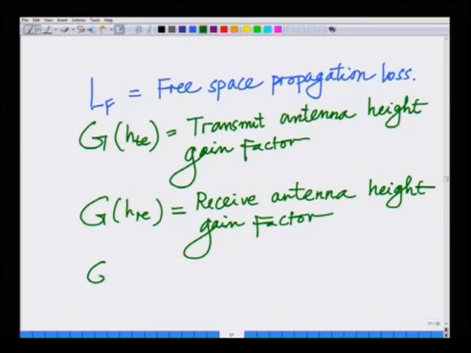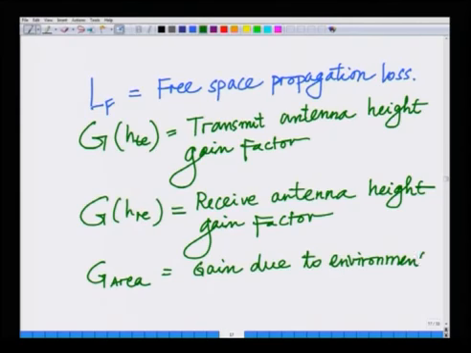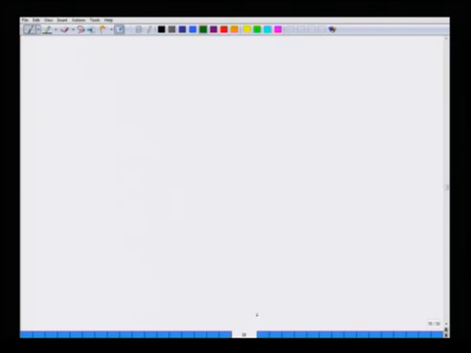And G area is the gain due to the environment. For instance, let us go to the free space path loss. LF equals the free space path loss.